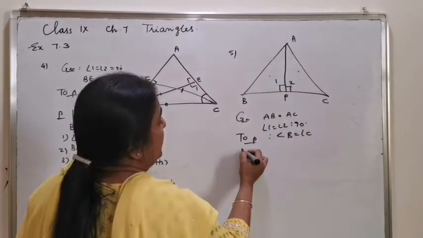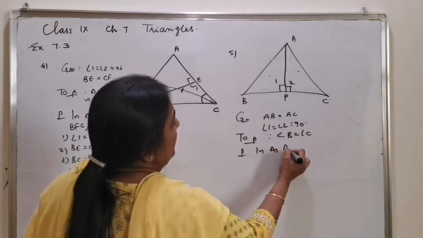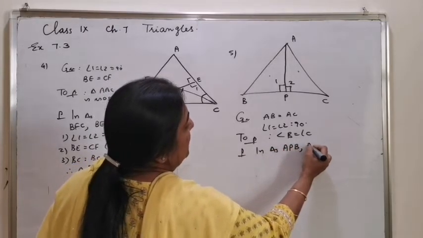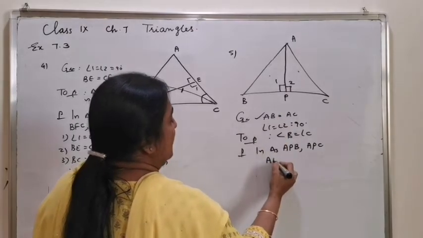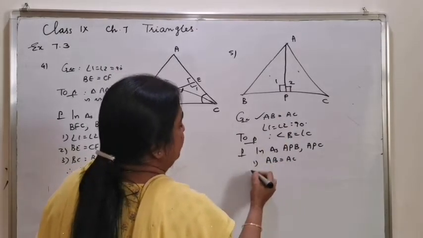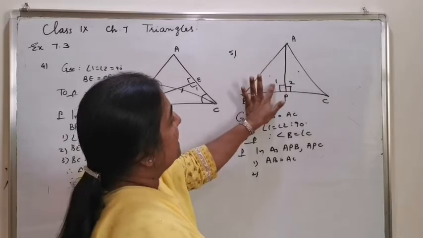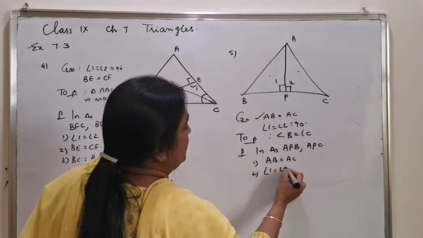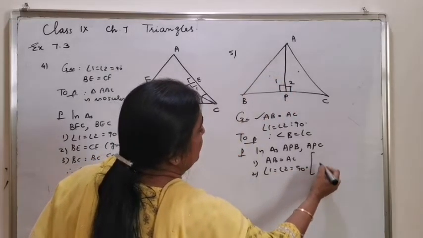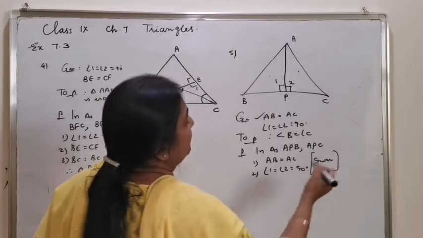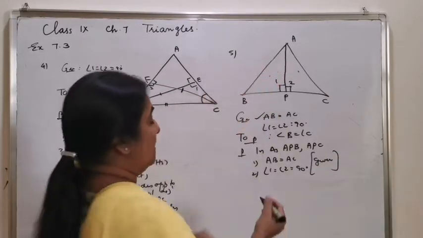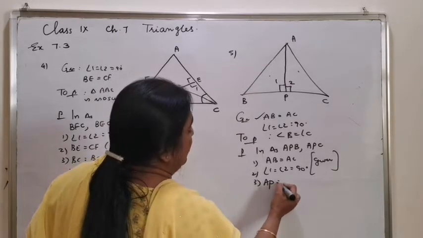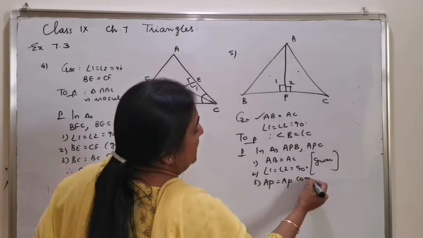Get the two triangles as in triangles APB and APC. The first condition is AB is equal to AC. Second condition is angle 1 is equal to angle 2 is equal to 90 degrees. Both are given conditions. Then AP, which is the common side. Number 3, AP is equal to AP, common.